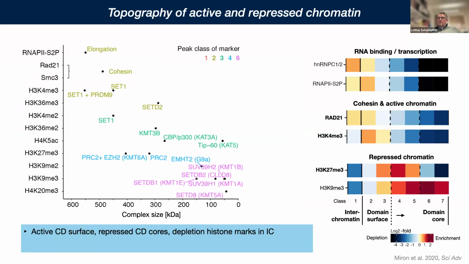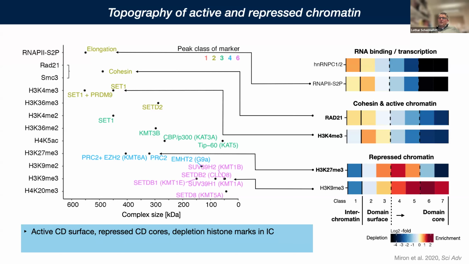And what is very interesting, we've done this with 16 different markers, and you can look at the sizes of the enzyme complexes that are associated with each of these marks.